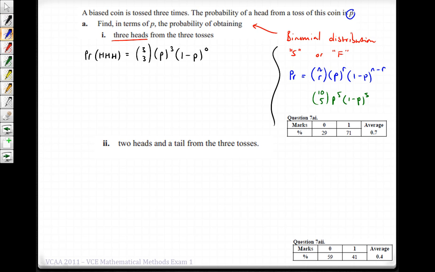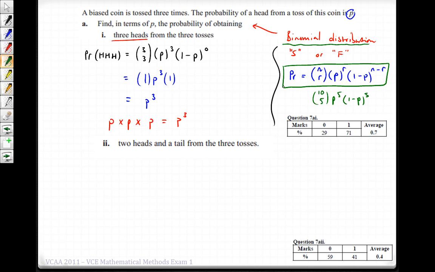And if we clean this up, that's the same as 1 times P cubed times 1. Anything to the power of 0 is 1, so we just get P cubed as the answer. You might have also thought of that as just the probability of a head times the probability of a head times the probability of a head equals P to the 3. But technically it's a binomial distribution, and we can use this little law here for more complex problems.